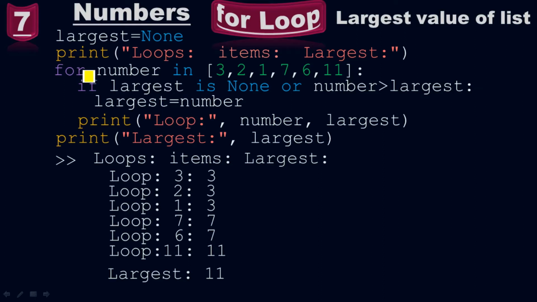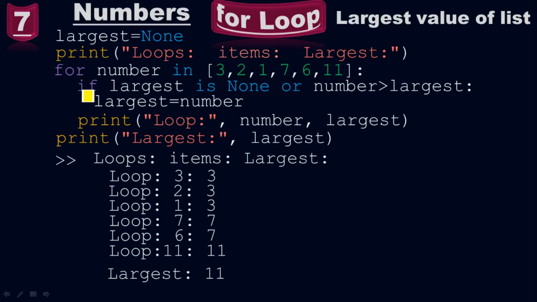Then we use for loop for number in 3, 2, 1, 7, 6, 11. This is the list of the numbers. These are different numbers, so I gave the name number here. These individual numbers are represented by the name number. Then I put colon, press the enter button, your new line will start from here.